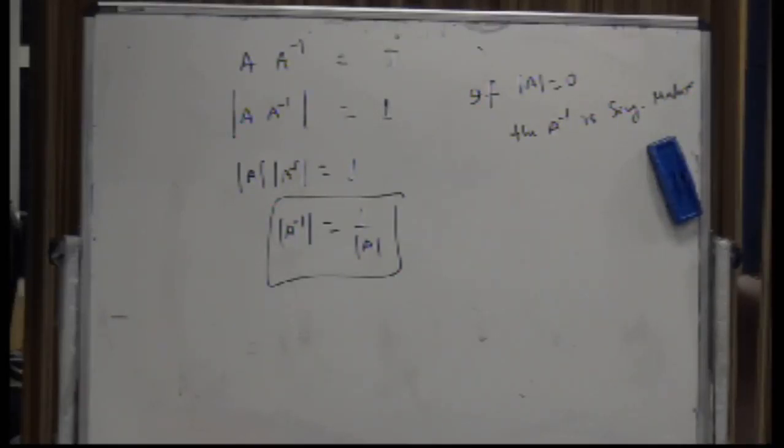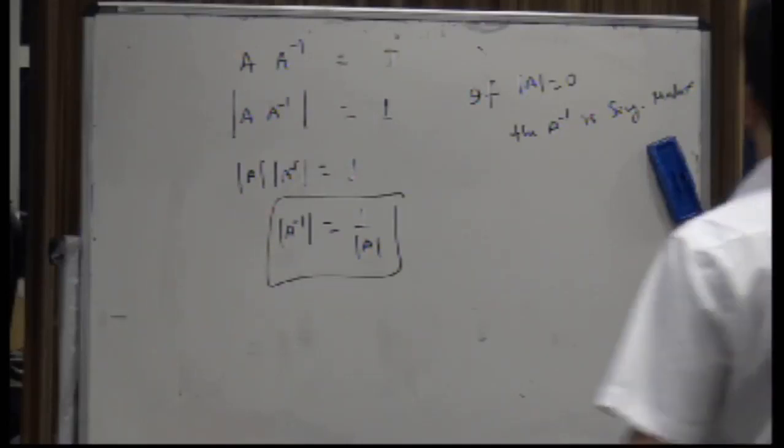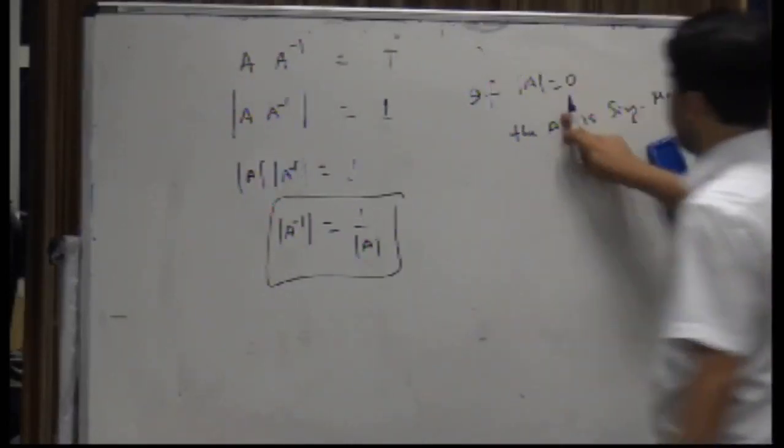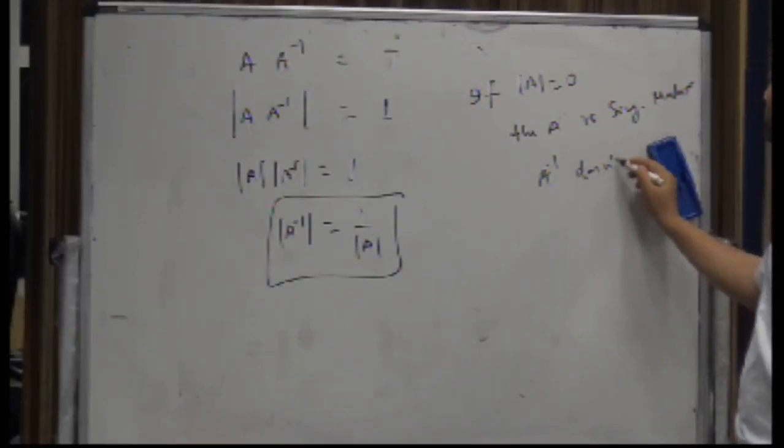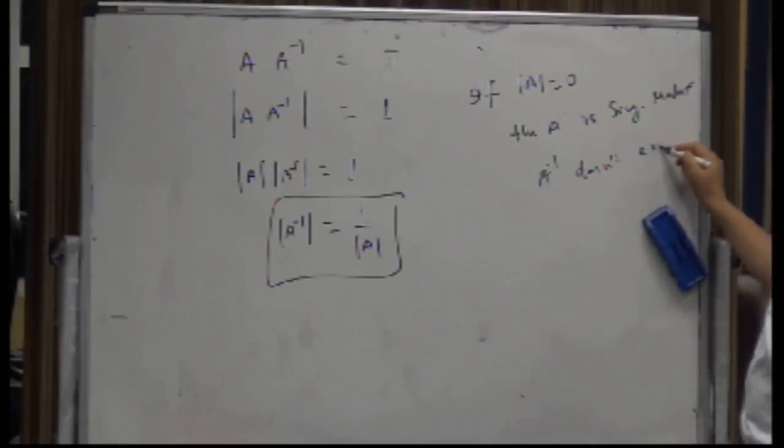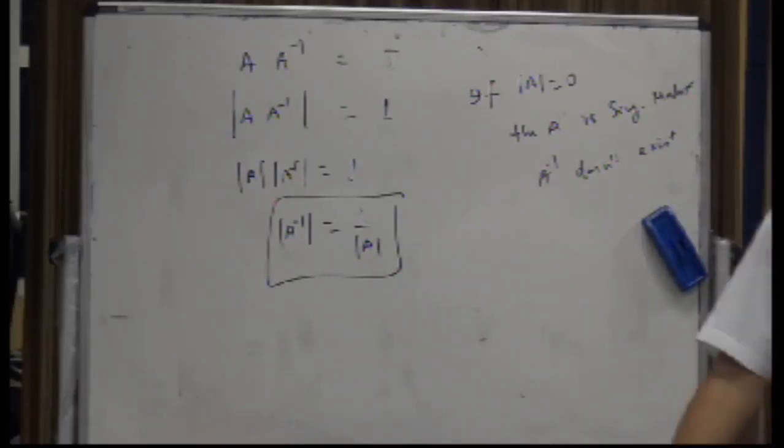If mod A is equal to 0, then A is a singular matrix and A inverse does not exist. Understood?